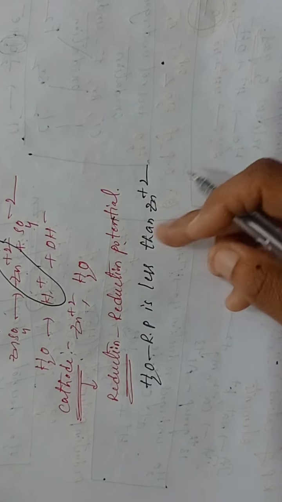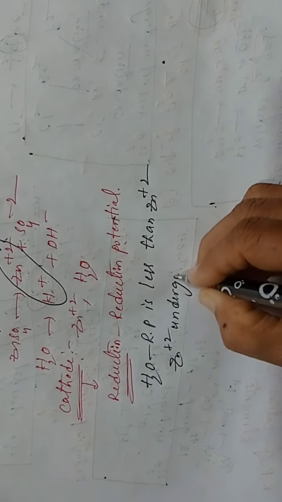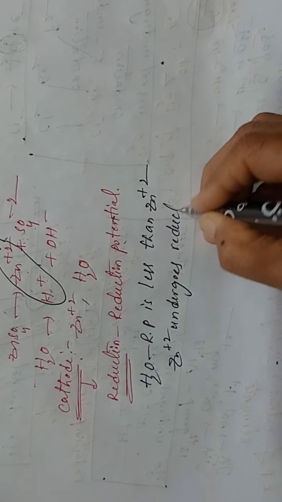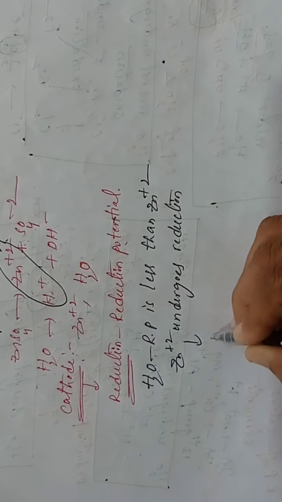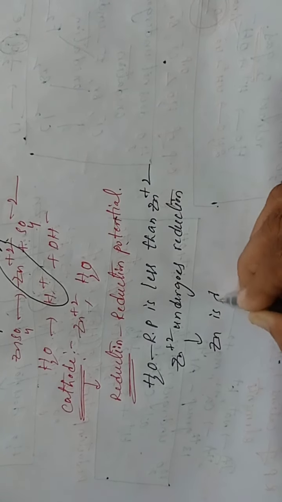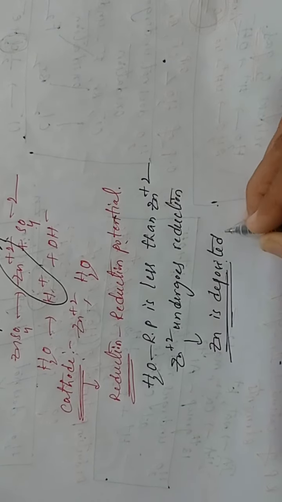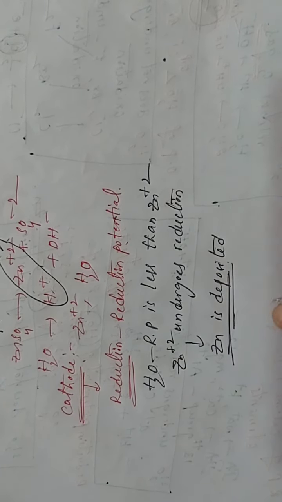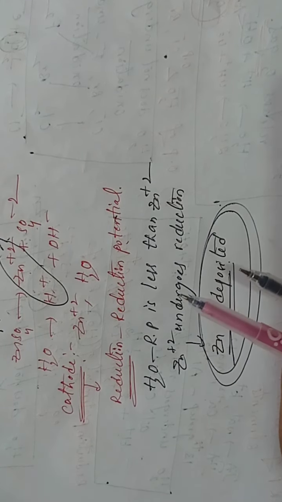Zn plus 2 undergoes reduction. So that's why zinc is deposited at the cathode. Are you following? Clear this one?